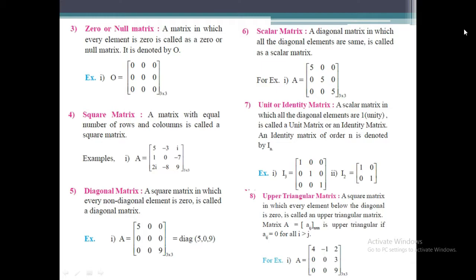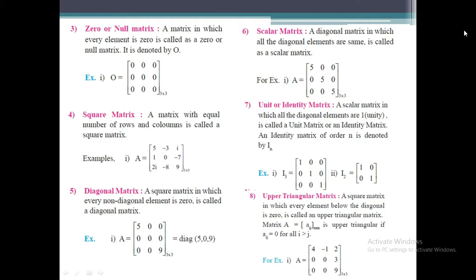A scalar matrix is a diagonal matrix in which each and every element of the diagonal is the same. The next one, the seventh one, is the unit or identity matrix. In a unit or identity matrix, we have all the elements of the diagonal as 1.